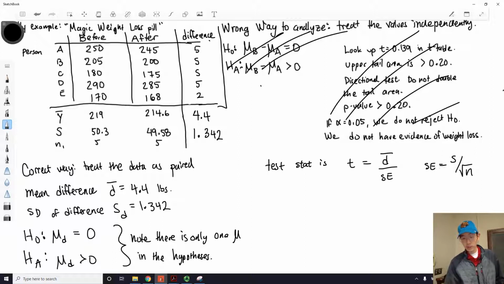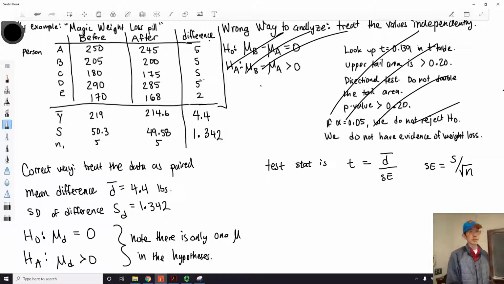So this should look familiar because this is the standard error for a confidence interval with one sample, right? And that's basically what it simplifies to. So we ignore the fact that we have two columns of original data, but we only take the difference and then it becomes just one column, one sample of data.